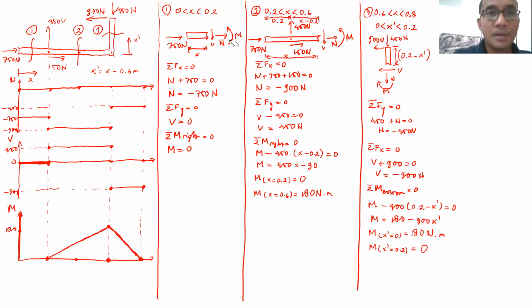Then using sigma Fx equal to 0, going to the right is positive, I will get N plus 750 is equal to 0. In this case, my axial force will be minus 750 Newton.